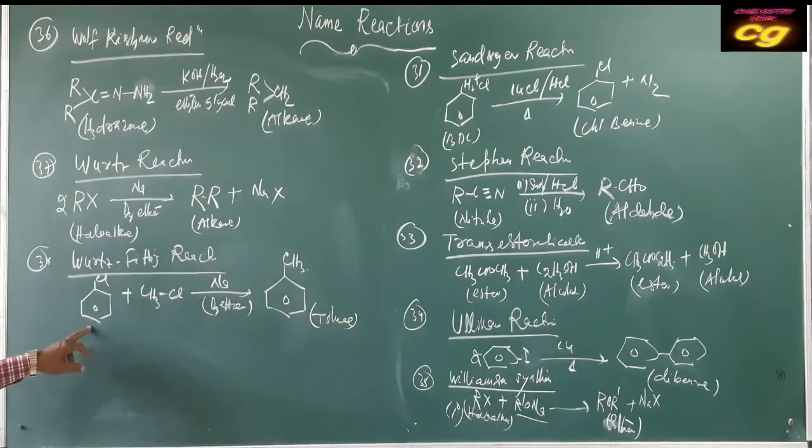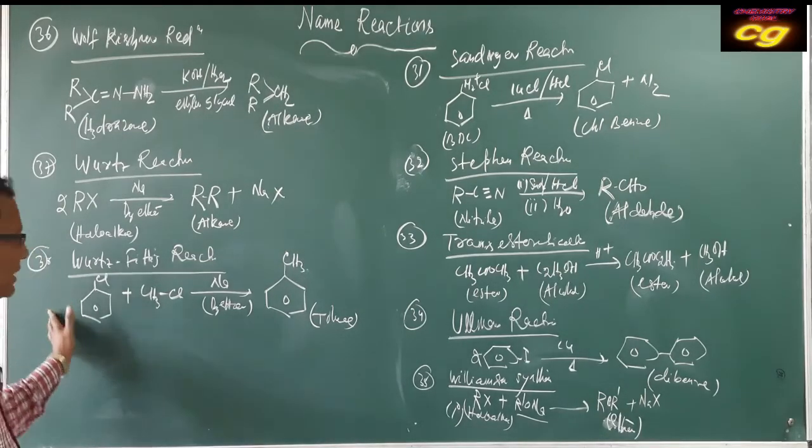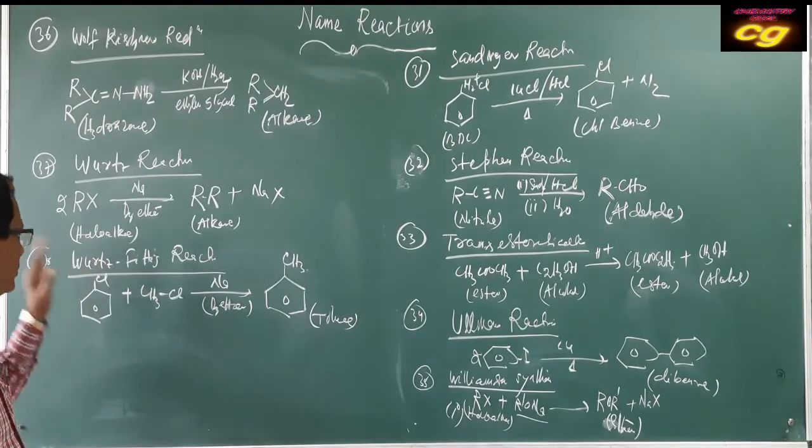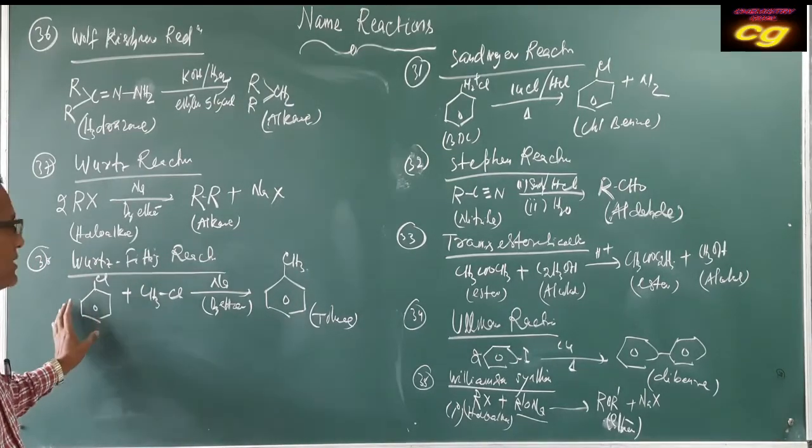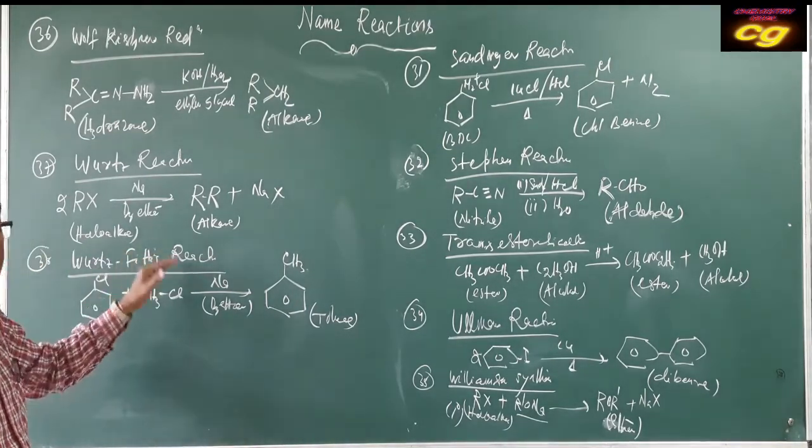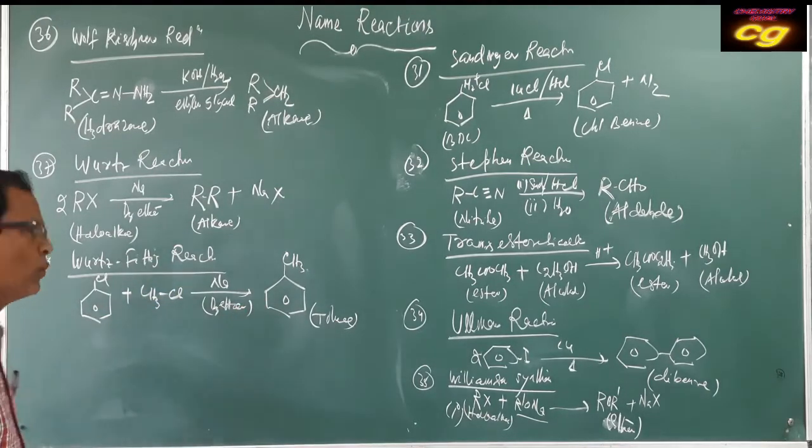Haloarene and haloalkane convert to a higher aromatic alkane, that is called Wurtz-Fittig reaction. Here we have to use both haloarene and haloalkane. If you take only haloarene, that is Fittig reaction. If only haloalkane, that is Wurtz reaction. A mixture is called Wurtz-Fittig reaction.